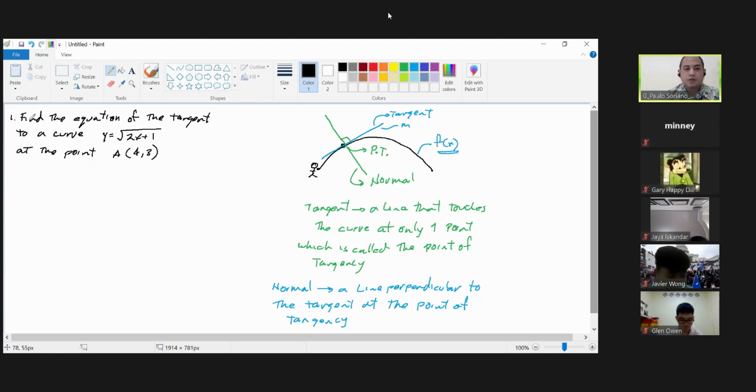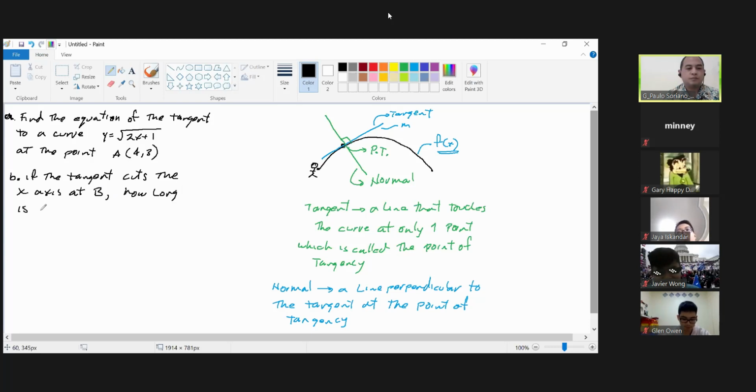And after doing that, let's label that as A, B. If the tangent cuts the x-axis at point B, how long is AB? Okay, with that, what's your plan on solving it?